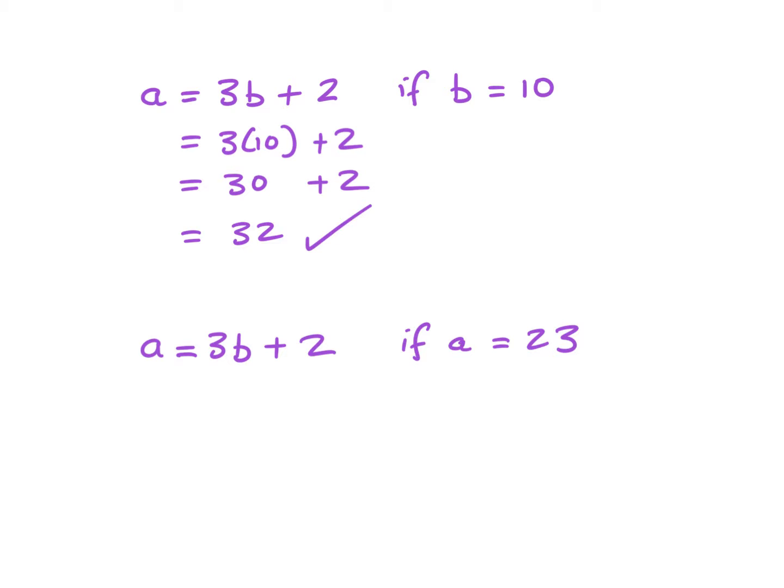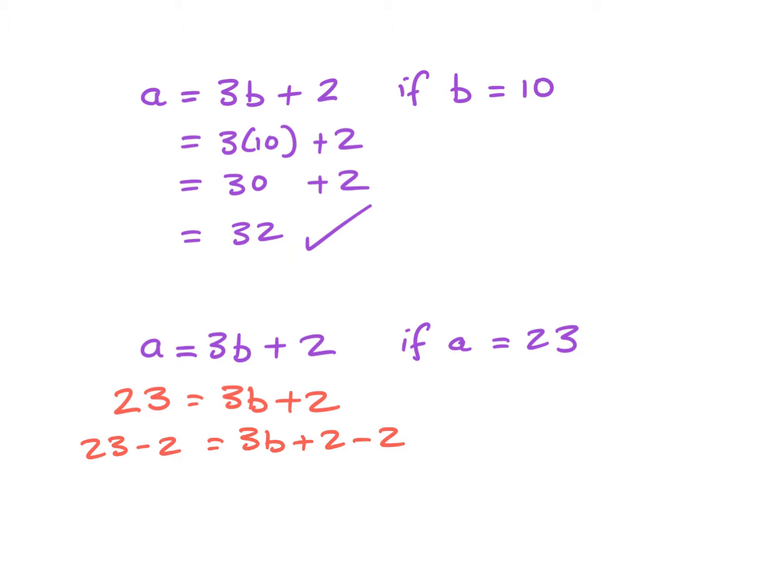How'd you go with the second one? Well, I'm going to substitute A for 23, so this is going to be 23 is equal to 3b plus 2. Now remembering I need to get 3b by itself, so I need to get rid of this plus 2. So I'm going to subtract 2 from the left and subtract 2 from the right. So it's going to be 23 minus 2 is equal to 3b plus 2 minus 2.